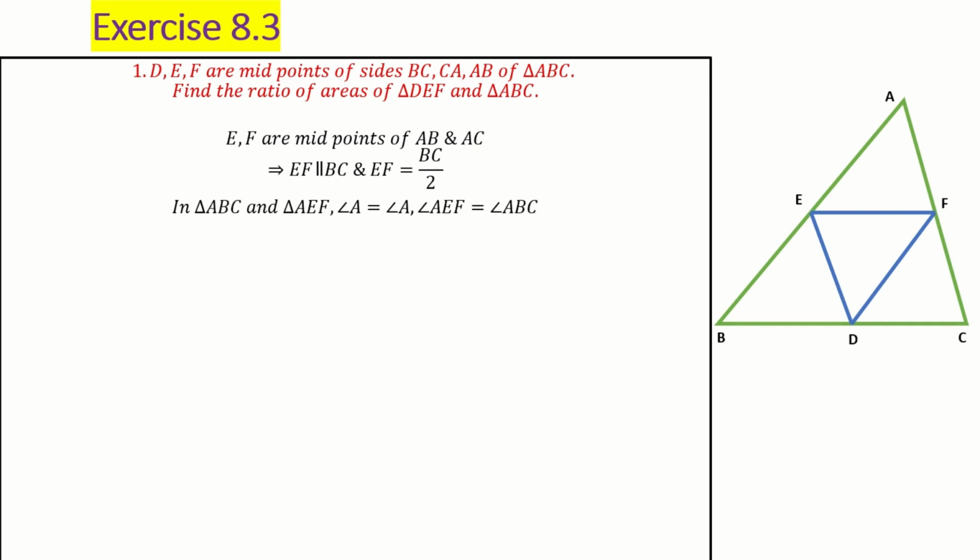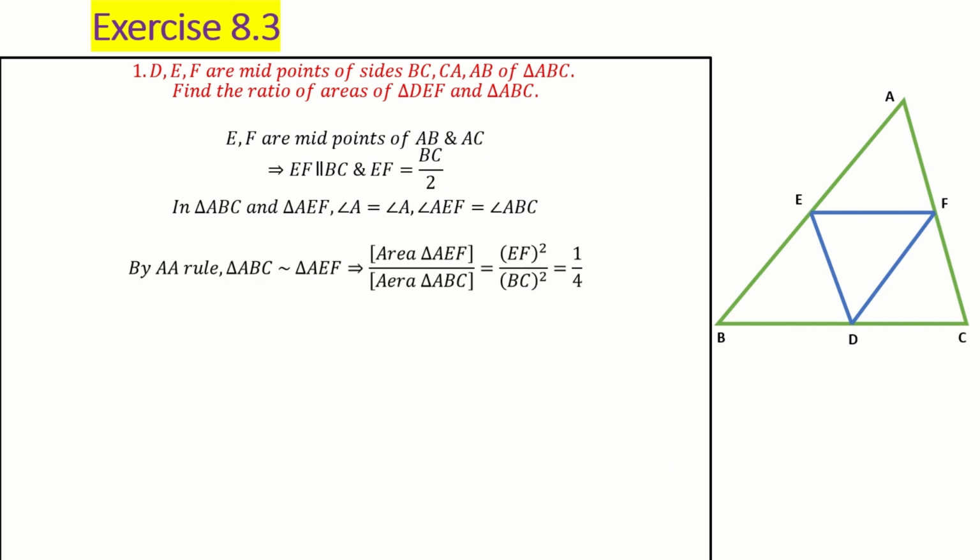So in triangle ABC and AEF, since this is a parallel line, they are similar triangles. We already know that they are similar triangles. So area of AEF by area of ABC equal to EF by BC whole square.